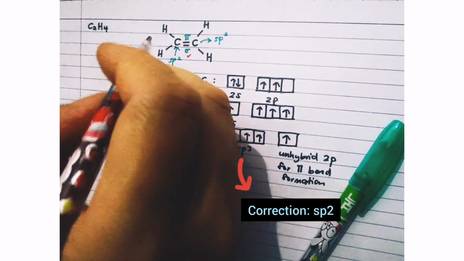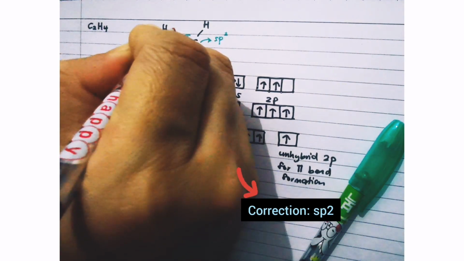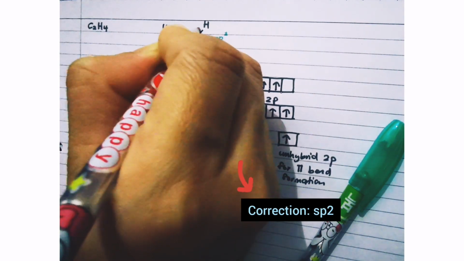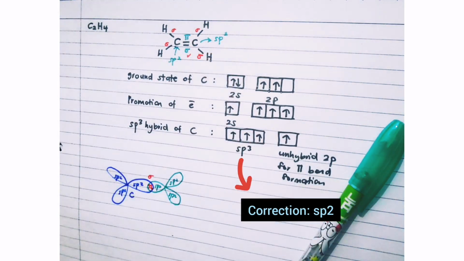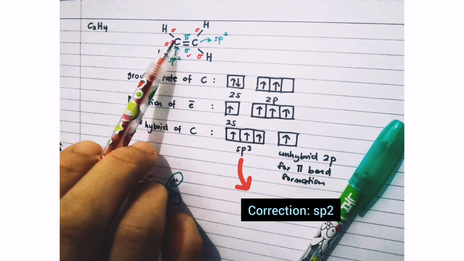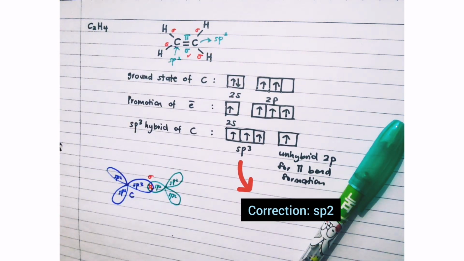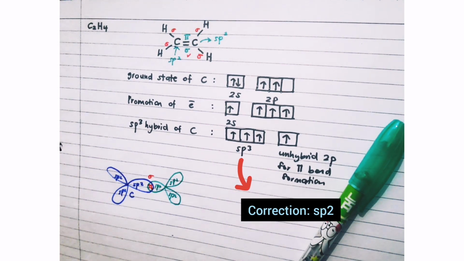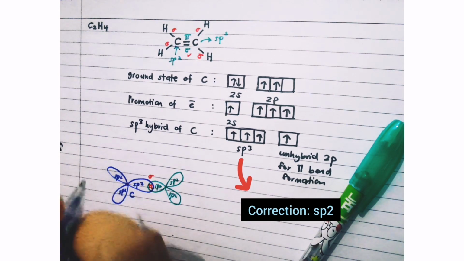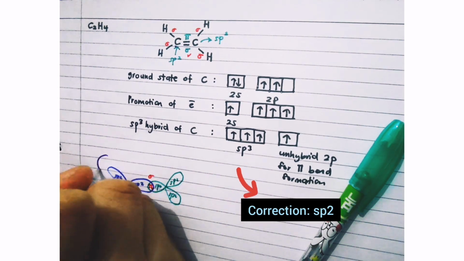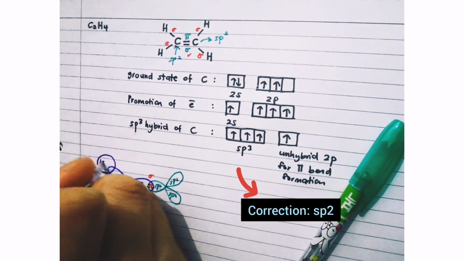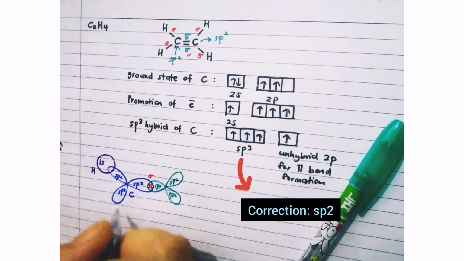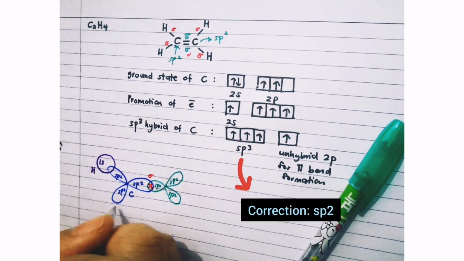Now we will show the sigma bond between C and H. Hydrogen has one s orbital, so sp2 of carbon will overlap end to end with the 1s orbital of hydrogen.